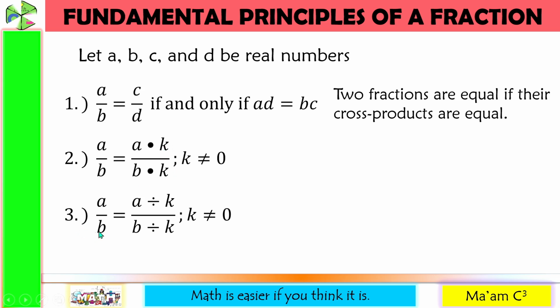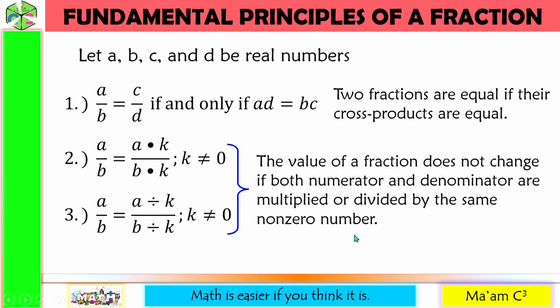Just like in number 3, but this time we divide both our numerator and denominator by the same non-zero digit. So for numbers 2 and 3, it only means that the value of a fraction does not change if both numerator and denominator are multiplied or divided by the same non-zero number.